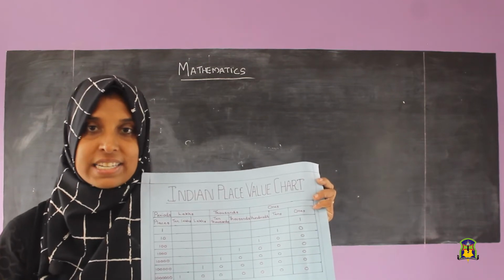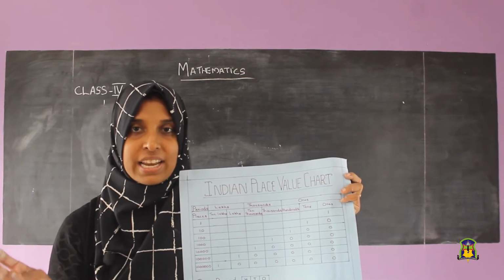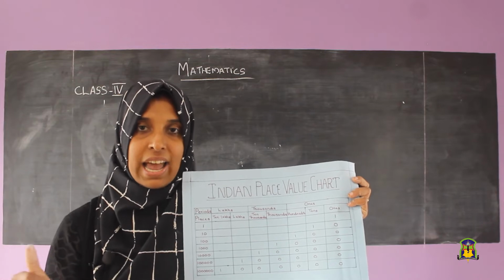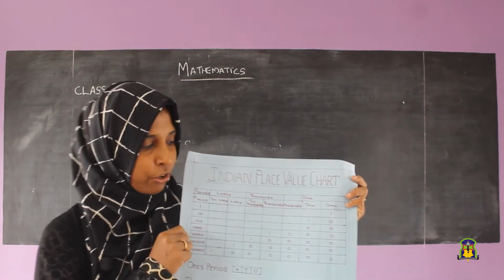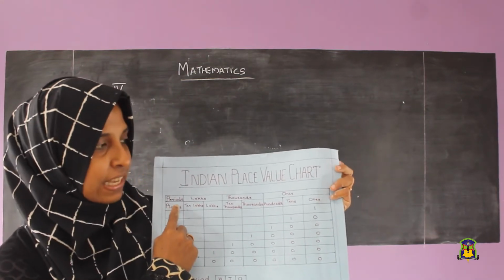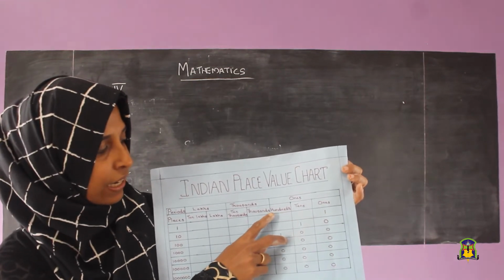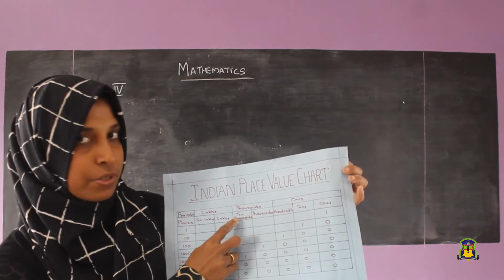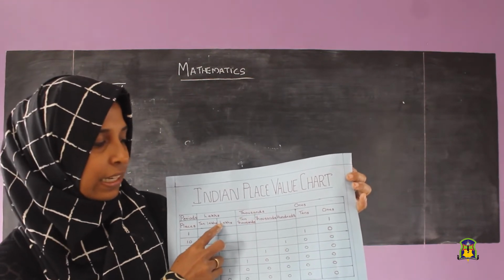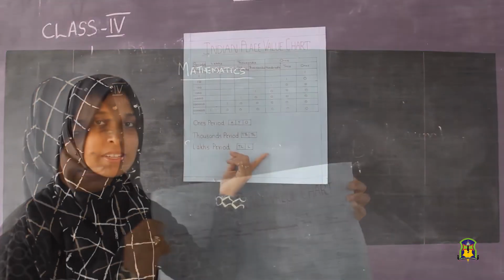Ones, tens, hundred, thousand, 10,000, lakh and 10 lakh. Look here, in places I have written ones, tens, hundred, thousand, 10,000, lakh and 10 lakh.